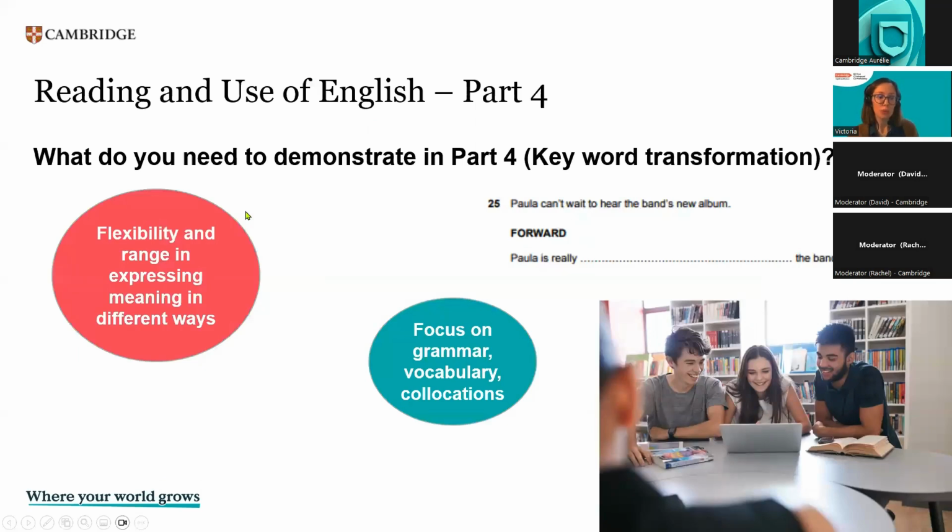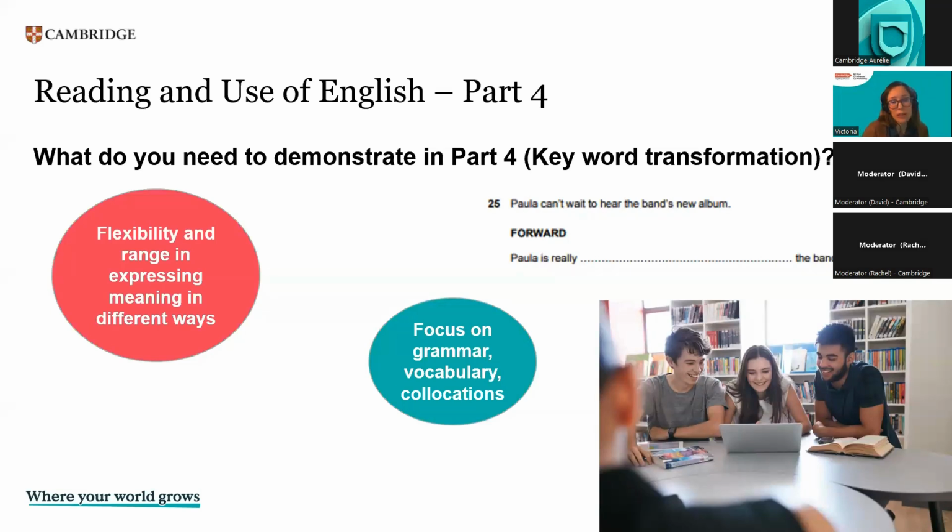Right, so we are moving on to the Reading and Use of English Part 4, which is the keyword transformation, where you have the leading sentence, the keyword, and then the second sentence for you to complete. So what are we looking for in this part of the exam?